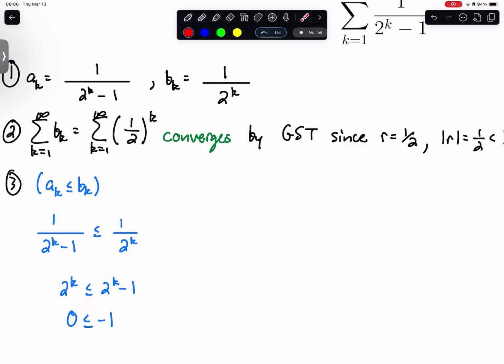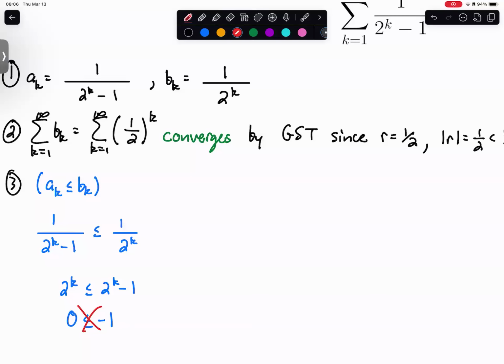Because after that, I immediately got to 0 is less than or equal to -1. But that's not a true inequality. What that tells us is that if I were to try the direct comparison test on this series, it's not going to work.